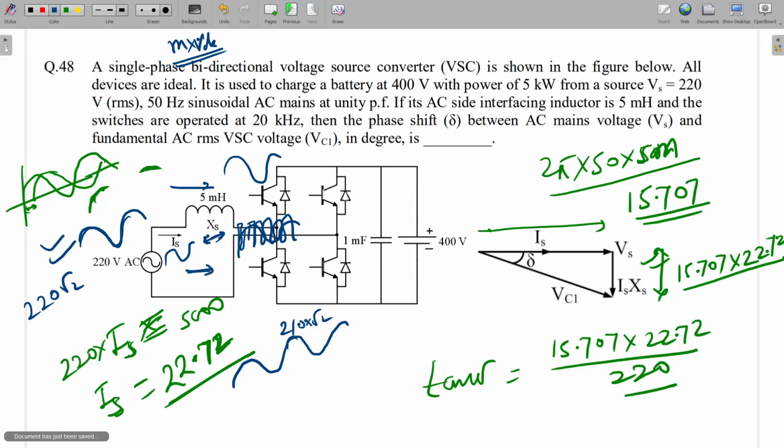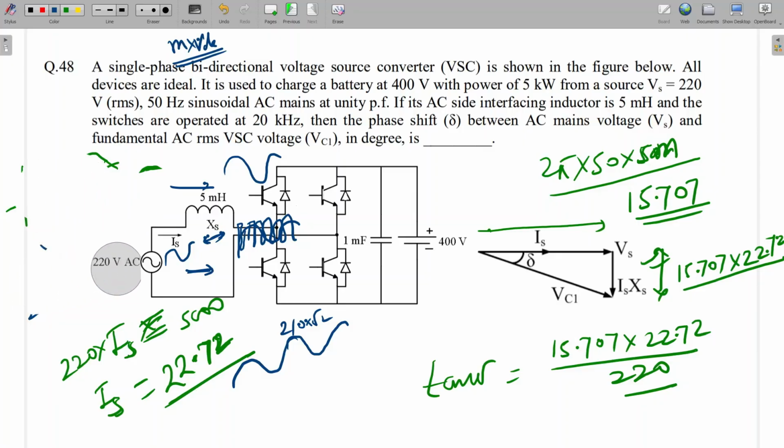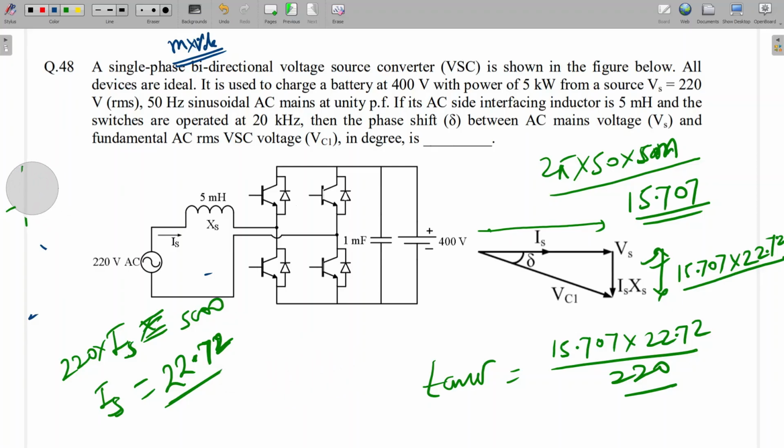And if I create a phase shift between this voltage and that fundamental voltage, that is called the load angle, delta. Is it clear, sir? How it can be done, I will explain with respect to the experimental setup.